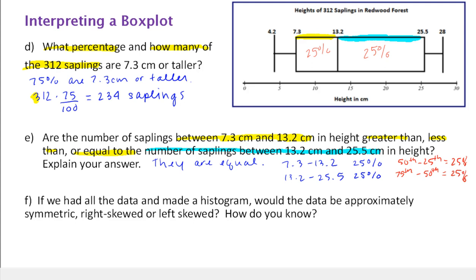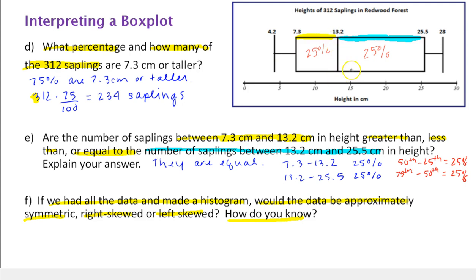Last question. If we had all the data and made a histogram, would the data be approximately symmetric, right skewed, or left skewed? And how do we know? Okay, so notice half of the data is clustered between 4.2 and 13.2.